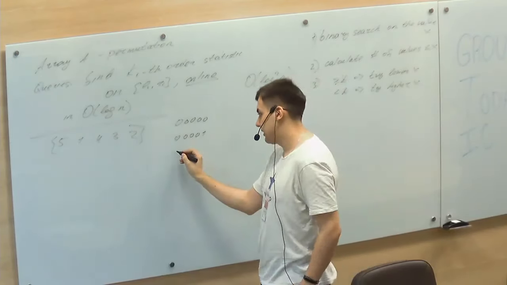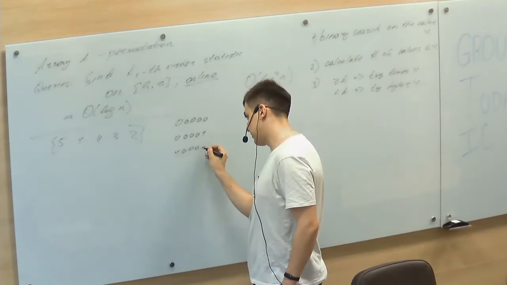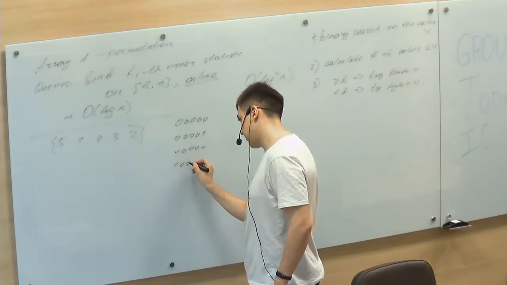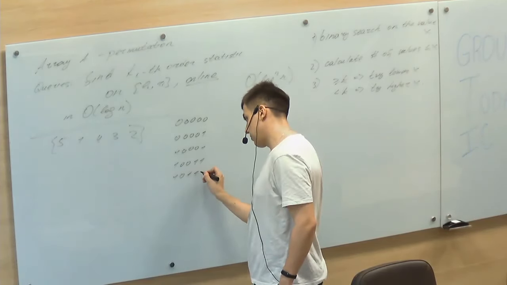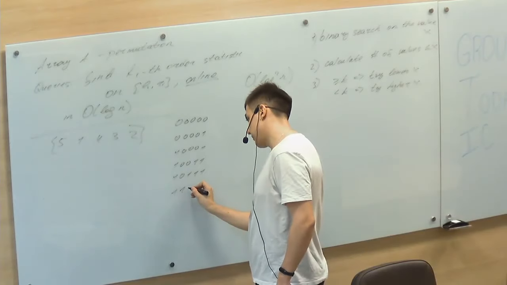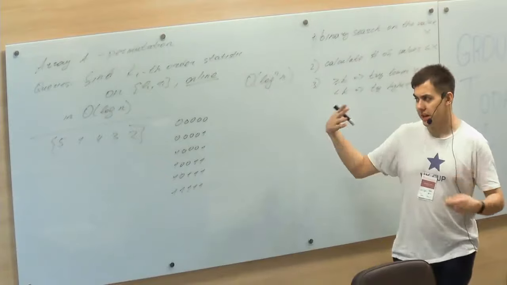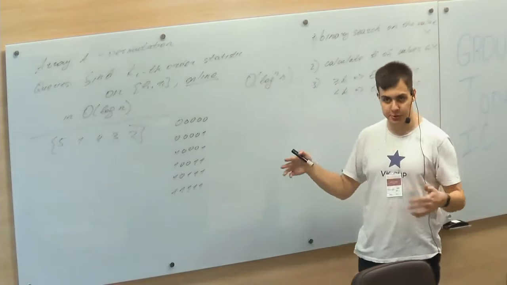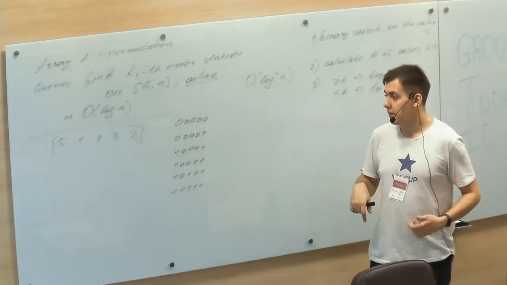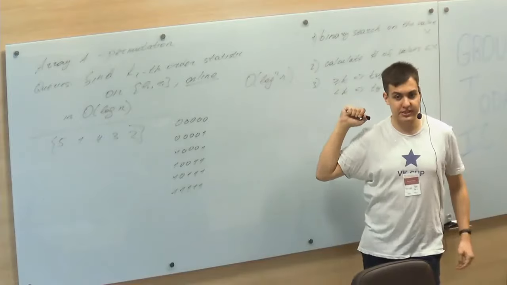Then we have 1 in the first position. And so on. So basically for each right border, we have a segment tree that corresponds to that right position.